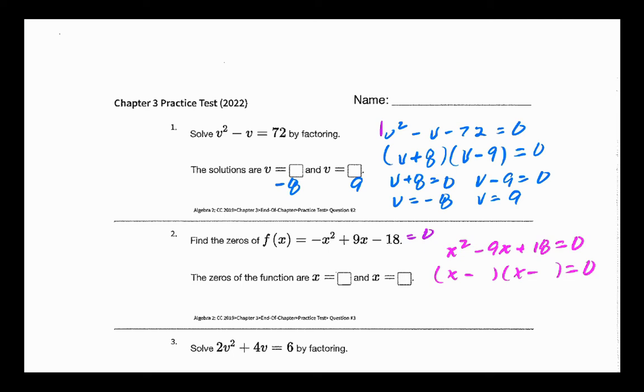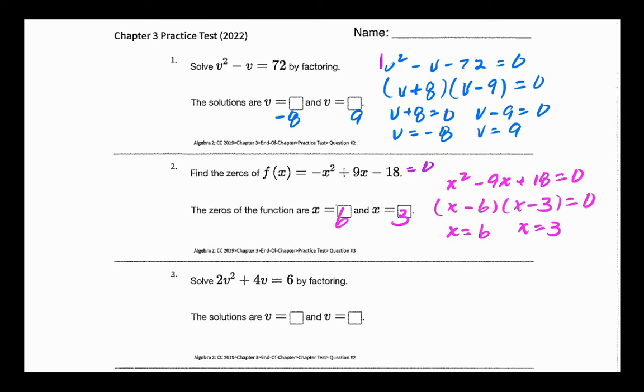Well, that would be negative 6 and negative 3. And then again, by the zero product property, we would say that x is equal to 6 and x is equal to 3. The easiest way to think about it, people, is once you have them in the factors, it's going to be the opposite of what you see, because that's what makes them 0. Right? So we should have a 6 and a 3 on that one.